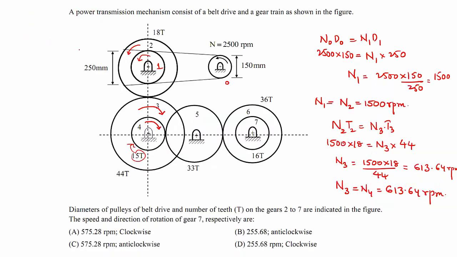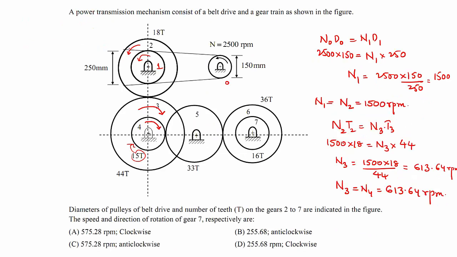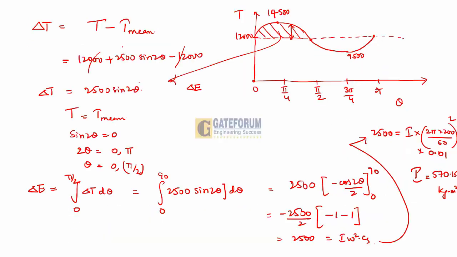So N4 T4 is equal to N5 T5. N4 is 613.64 and T4 is 15 teeth. N5 is not known, T5 is 33 teeth.